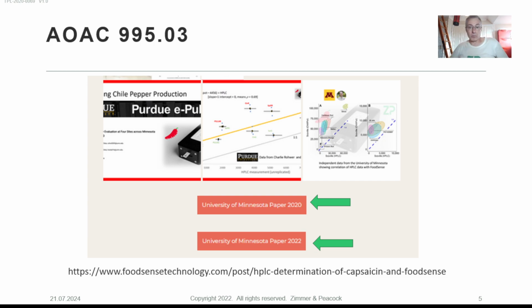His biggest problem with HPLC, and this will be a theme today, is the cost. An HPLC test in the USA, the cheapest you can do it is like $50. Realistically, in the USA and most of Europe, it's more like well north of 100 euros.